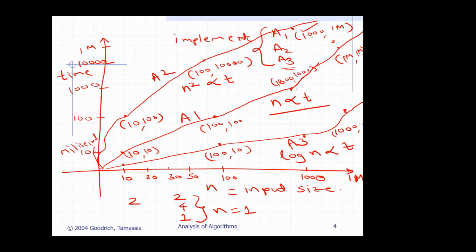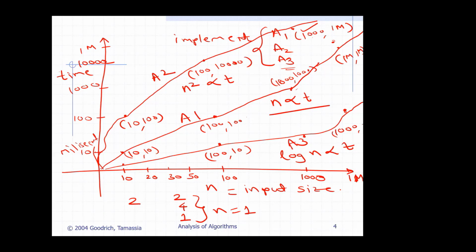Another difficulty is that if I run A1 on a slower machine and A2 on a faster machine, I might get wrong values in terms of milliseconds. So in order to have a fair comparison, I have to execute all the algorithms on the same machine with the same hardware, and then I can plot something of this type, which is practically impossible.